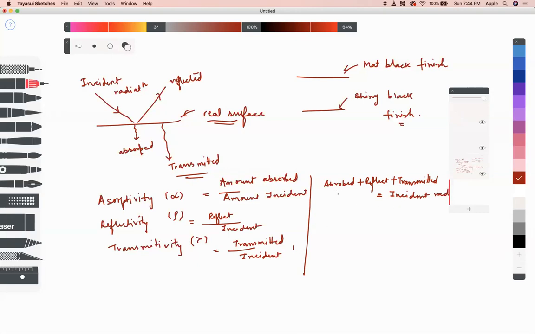Now if I divide both the left side and right side of this equation by the incident radiation value, then this will be the amount of radiation absorbed divided by I, plus IR by I, plus IT by I, and this will be equal to 1. This is your absorptivity alpha, plus rho, plus tau, equals 1. These are the radiation properties, or the relationship between them.